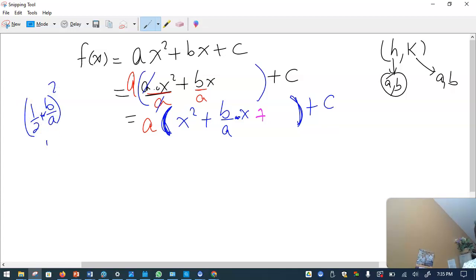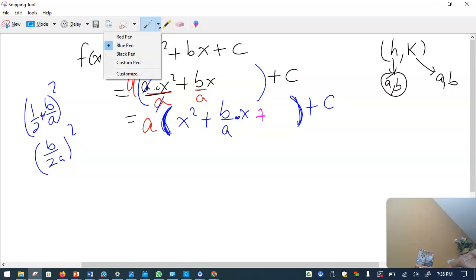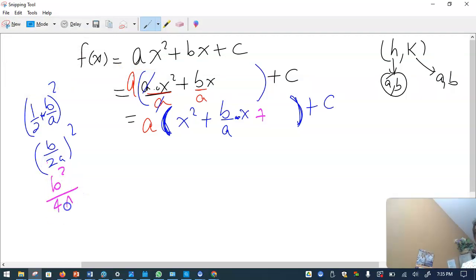So you can see it is (b over 2a) the whole squared. I'm going to write this in color to show that you're adding, which is b squared over 2 times 2 is 4, and 4 is squared, so that is b squared upon 4a squared. Now I can't just add, I have to also balance it.